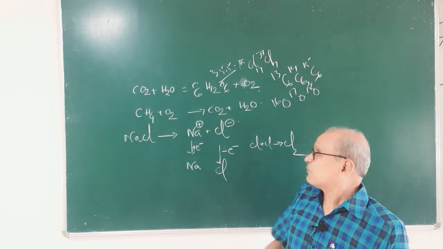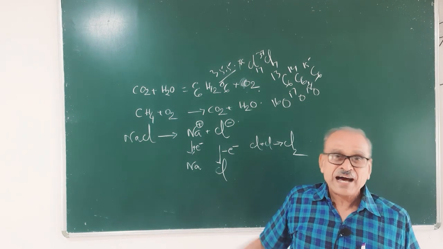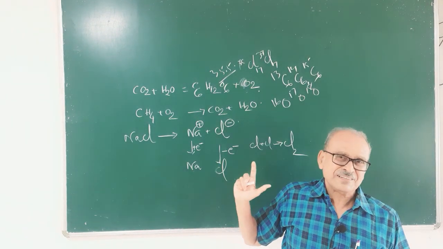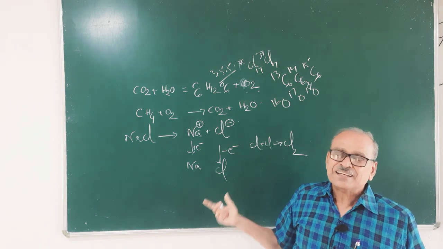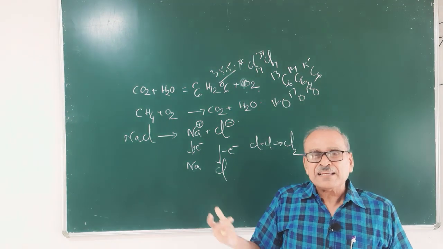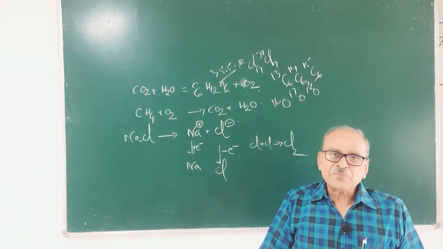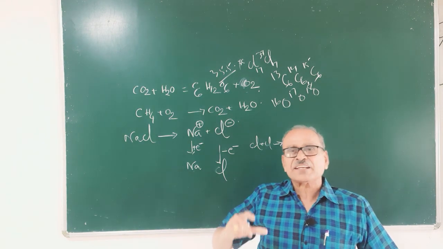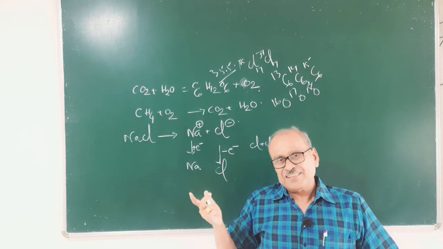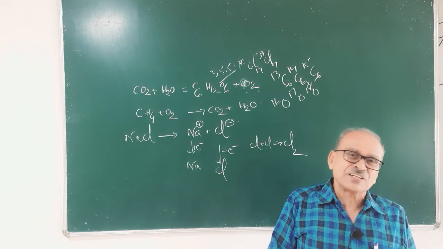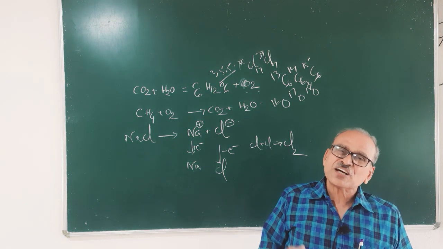Right. What about ions? Ions represent charged particles. We can define an ion as an atom or group of atoms having residual charge. What do you mean by residual charge?